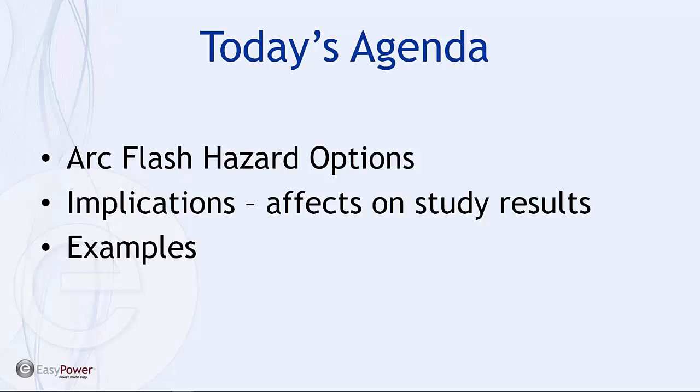Part of the reason that I suggest that the data collection and modeling process include as many as possible of the team members that are involved in the day-to-day operations of the plant and the maintenance. Now, most often during the modeling phase, which is the time that the one-line drawing is constructed and the data for each of these elements is put into the system, the decision is made to incorporate these arc flash options.